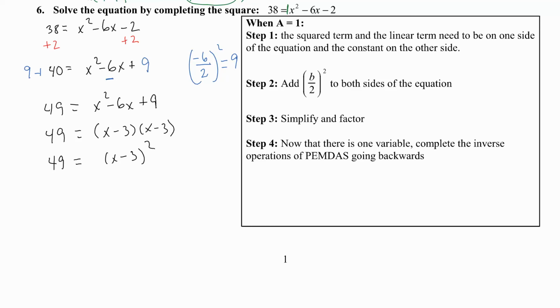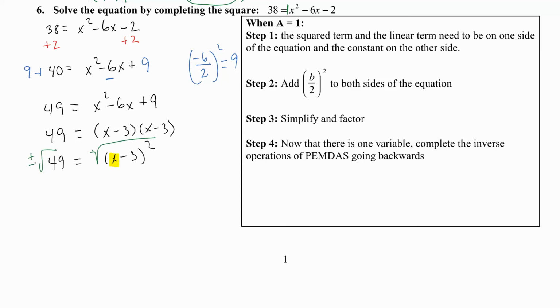Okay, and so again, the point of that whole process is now we're down to a single variable. And to find the value of x, all we have to do is get rid of all those numbers around x. The numbers around x, well, we have x minus 3 and we have a square. So we're going to do everything outside the parentheses first. The first thing we've got to get rid of is the square, so we take the square root.